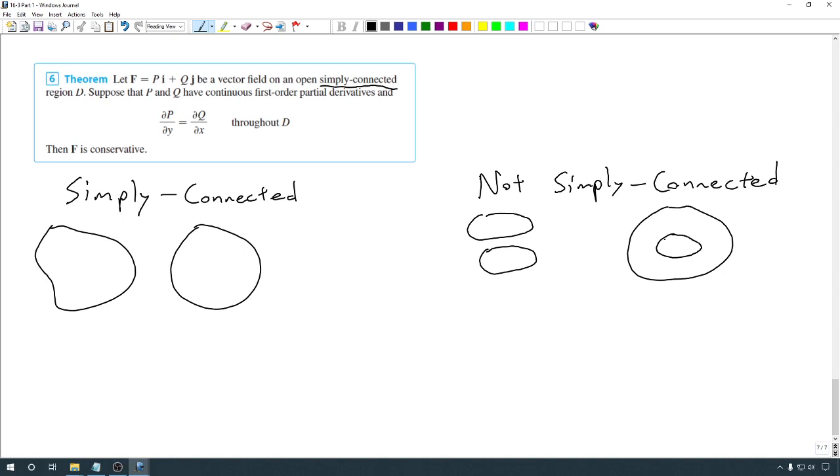The way we want to think about that is, if I start at some point and I make a closed curve, so it comes back to that point, can I enclose some point that's not in our domain? If that is possible to do, then we're not simply connected.